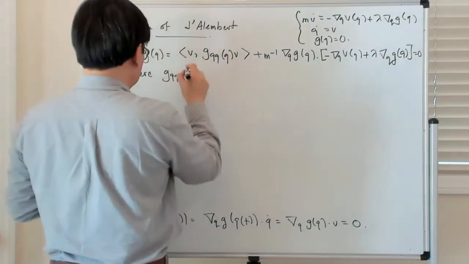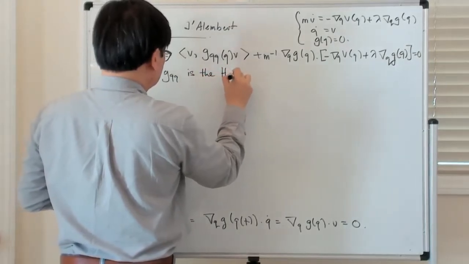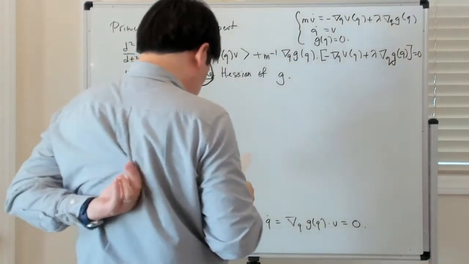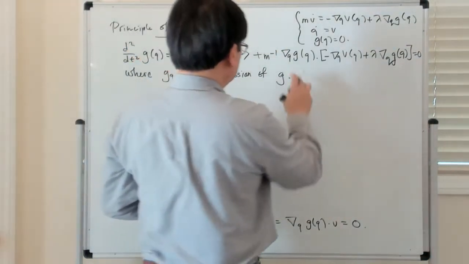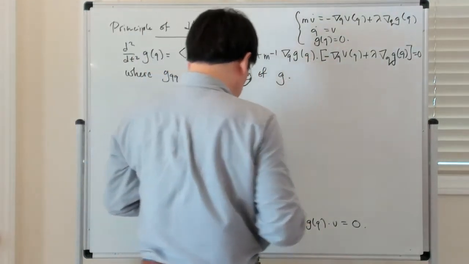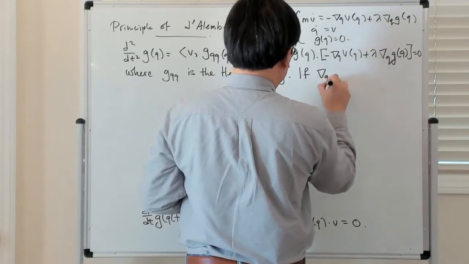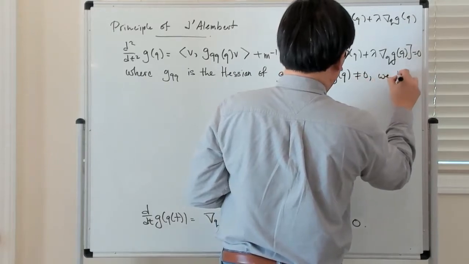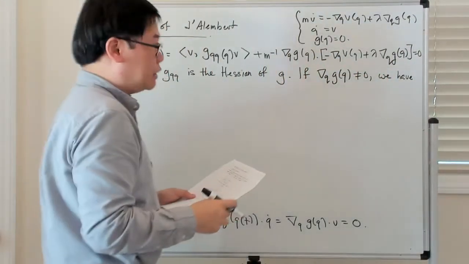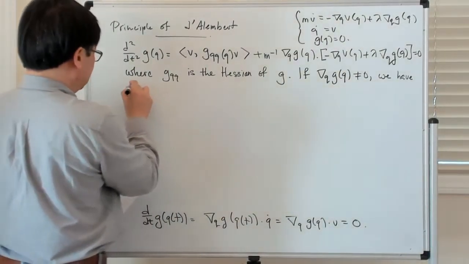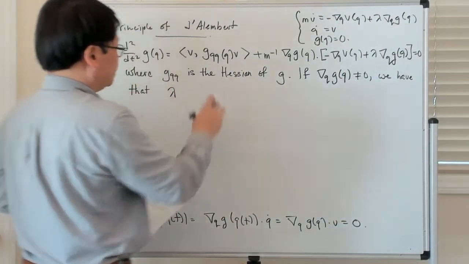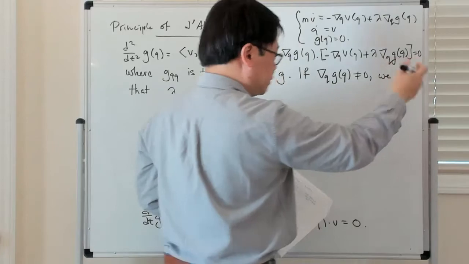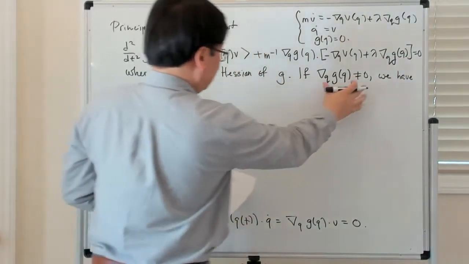where g_qq is the Hessian of g, all right? And so if the gradient of this is not 0, right, we can solve basically for lambda, if you will. So you have some complicated expression involving lambda being equal to 0, so you can solve for the lambda as long as this is not 0.